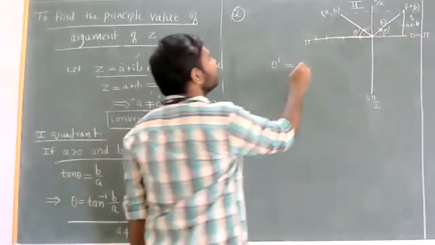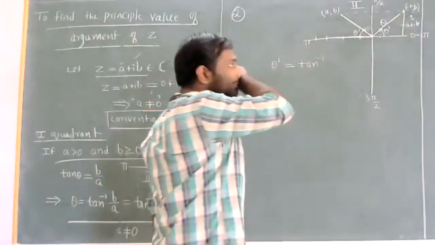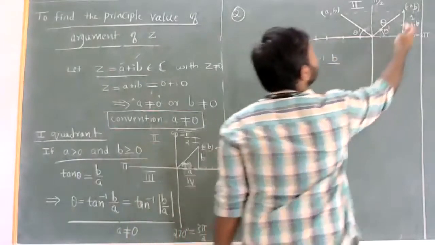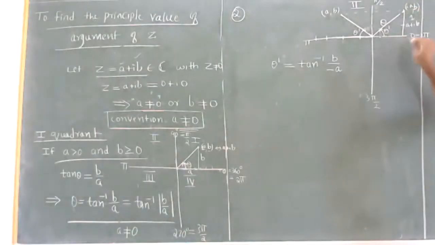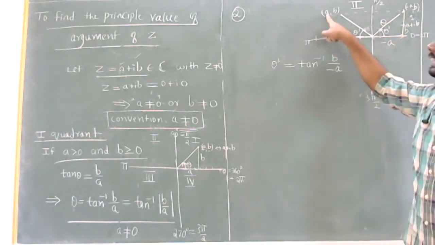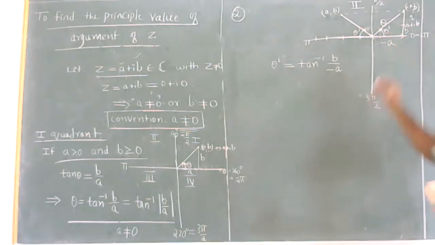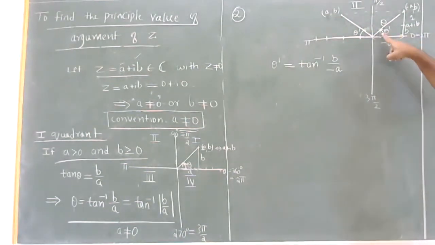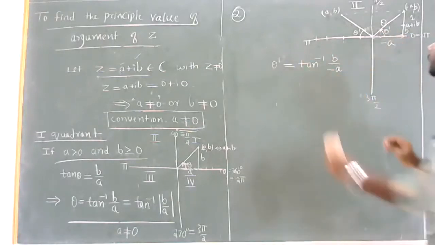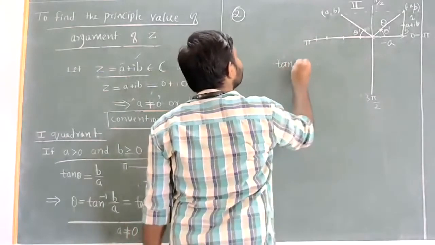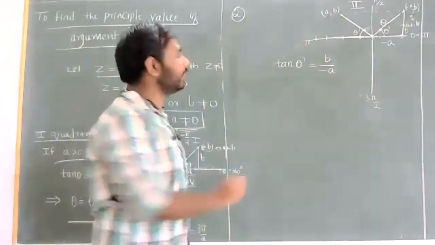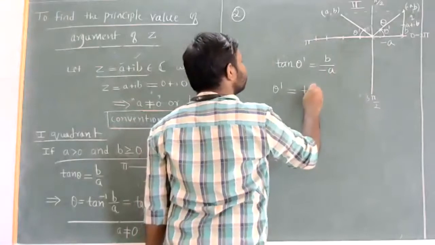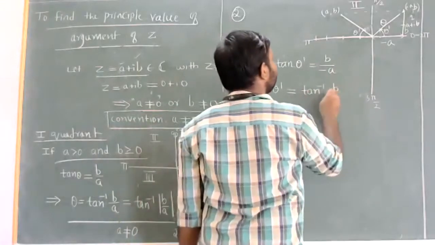It is tan inverse of B by minus A. Because this is a right angle triangle, this length is B, so the length of this line is minus A, because A is negative, so length will always be positive, so length will be minus A. So tan theta dash will be opposite by adjacent, that is B by minus A, or theta dash is tan inverse of B by minus A.